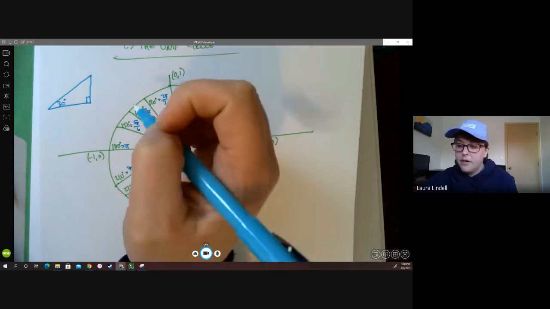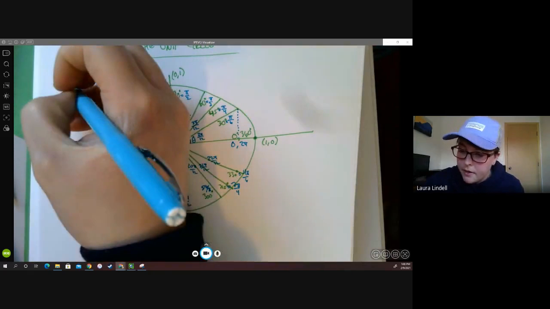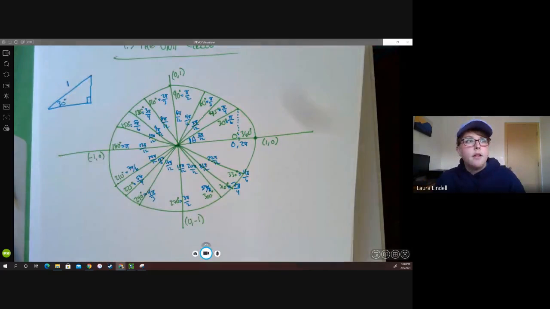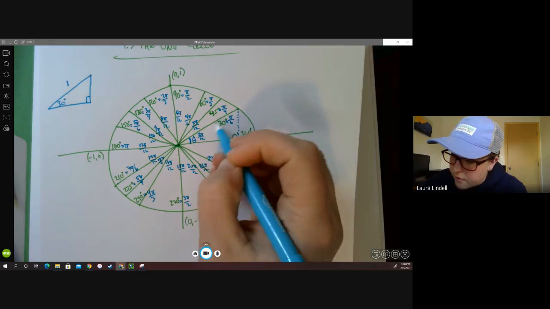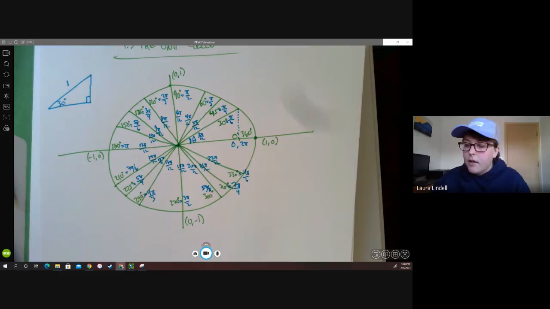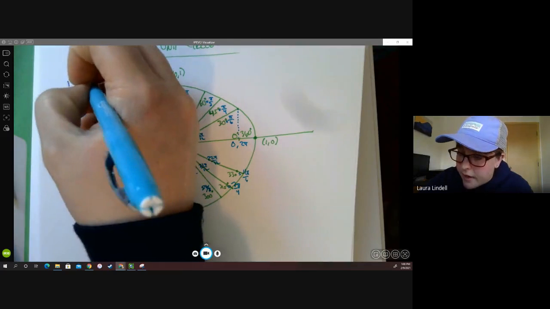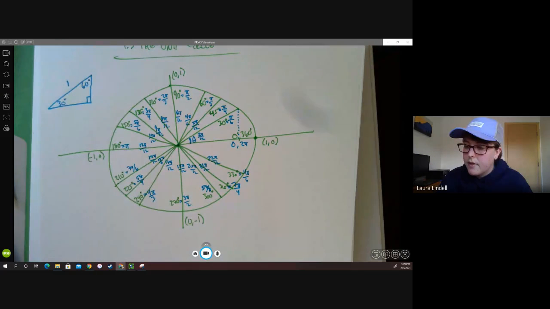So if I know that's a 30-degree angle, and I know that that side is 1 because this is my radius of my unit circle, which is 1, and I know then this is a 60-degree angle, well then, using our special right triangles, I know that the short side of a 30, 60, 90 is half the hypotenuse.